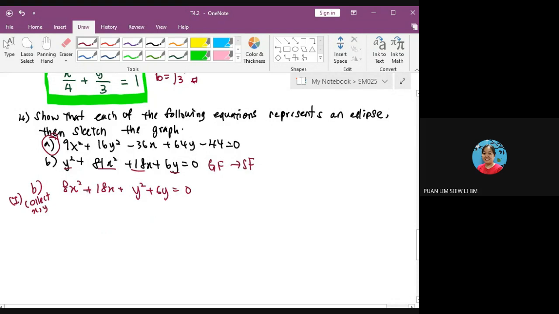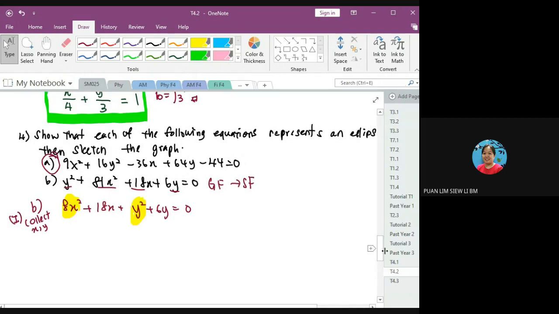So after you collect, then so dia lain sikit lah sebab dalam circle, you always get X square plus Y square. Tetapi dalam ellipse you can see X square and Y square coefficient akan tak sama. So you can refresh back yesterday.